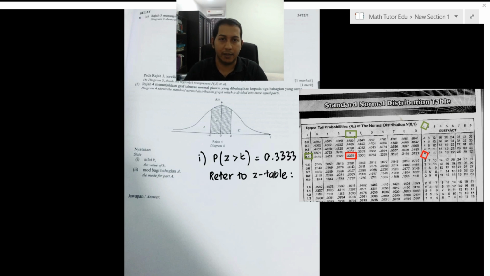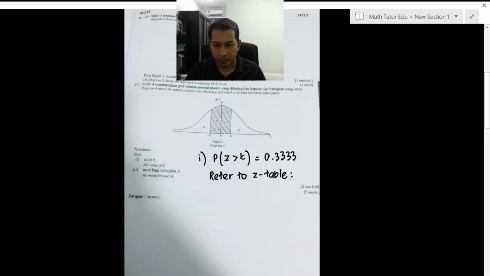I hope you guys are clear about this. So let us exit. From here, referring to the Z table, your k value is 0.431. So this is for part 1.